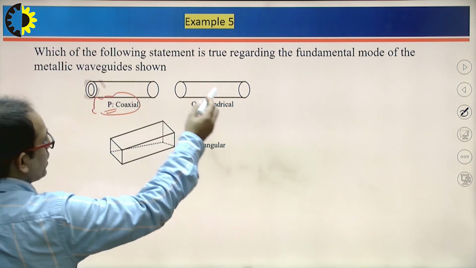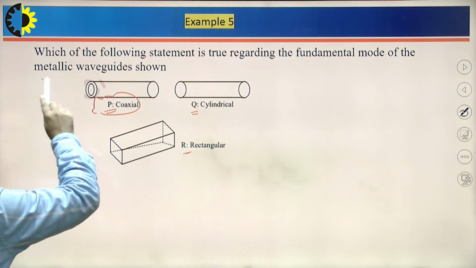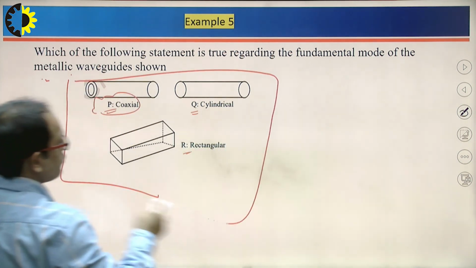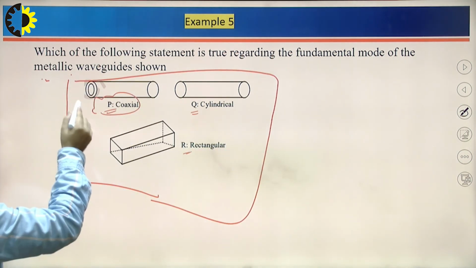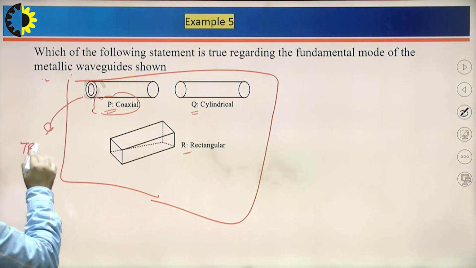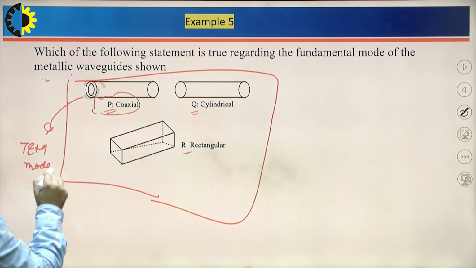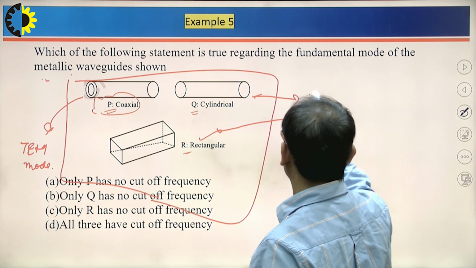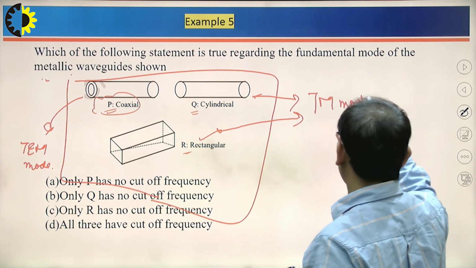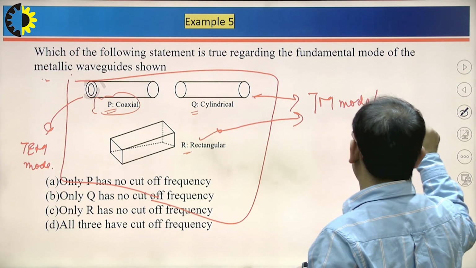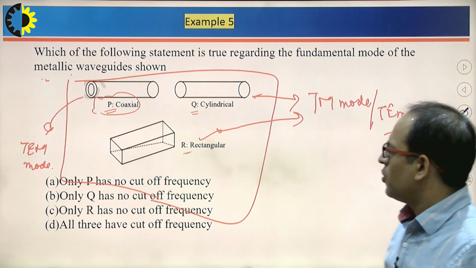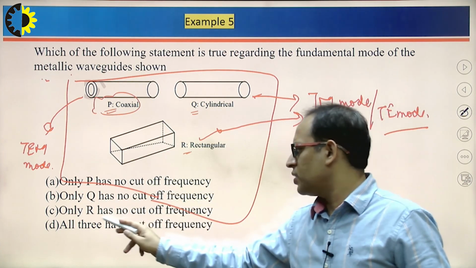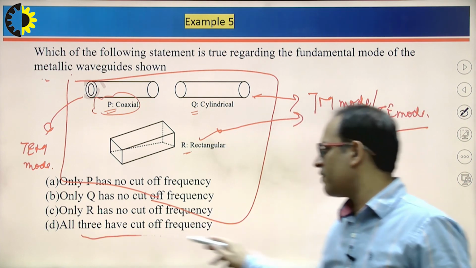Which of the following has no cutoff frequency for the fundamental mode in a metallic waveguide? As we know, the coaxial line has a TEM mode, while the cylindrical and rectangular waveguides both have TM and TE modes. The options are: only P has no cutoff frequency, only Q, only R, or all three have a cutoff frequency.